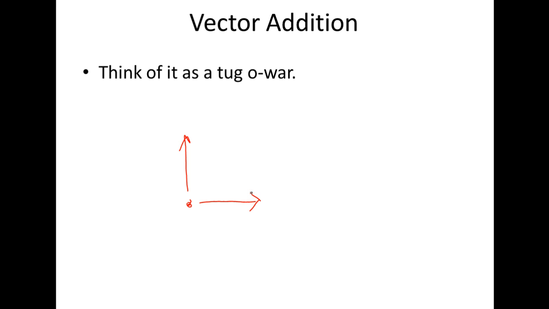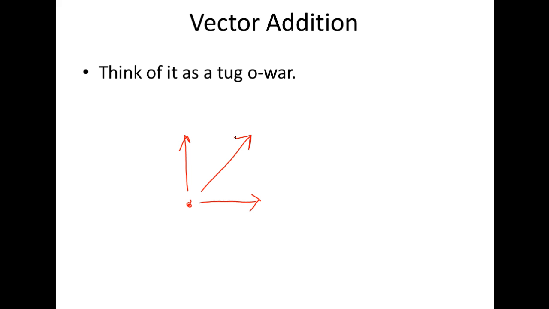And so these forces don't easily cancel or add or subtract or anything like that. And what I then think to myself is, okay, well, what is going to be the result of this pulling? So if I've got one person pulling up and then one person pulling right, what direction is the person in my rolly chair going to go? And I know that they're actually going to kind of go in this diagonal motion, right? And so that would be what we call the resultant of that action.